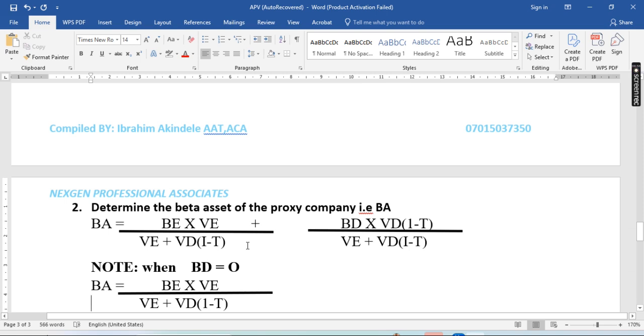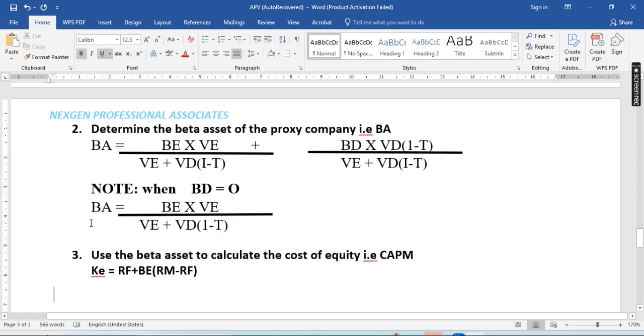They may give you asset beta, and you have to determine the cost of equity of the ungeared company. Since asset beta is given, you don't need to calculate it. You just come to this place and insert your asset beta as your equity beta. Then you get the cost of equity of the ungeared company. You move on.